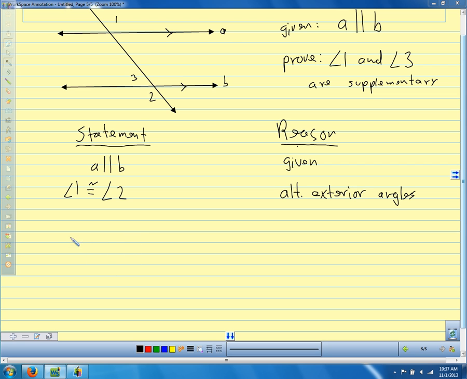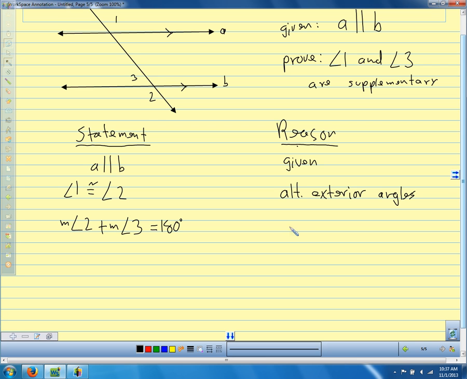And now I'm going to say that the measure of angle 2 plus the measure of angle 3 equals 180. And what's our reason for that? What kind of angles do we call these two? Two angles that make up a line. They're supplementary. We gave a special name for those two kinds of angles.